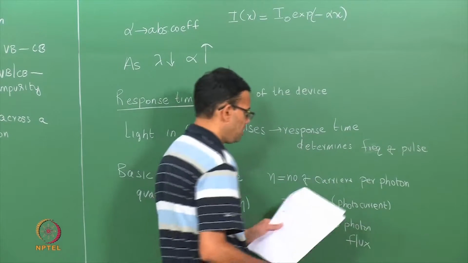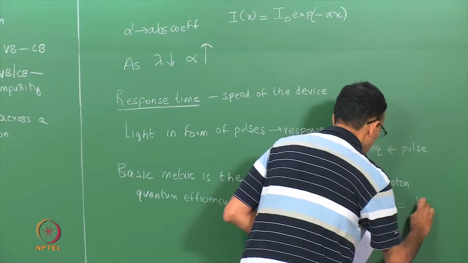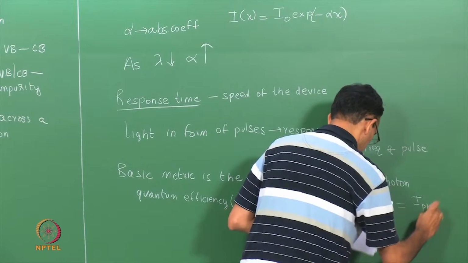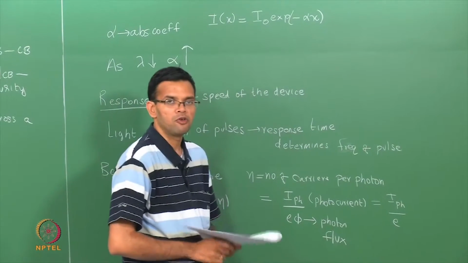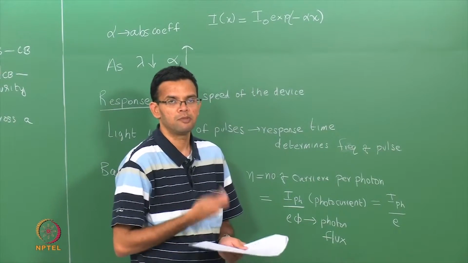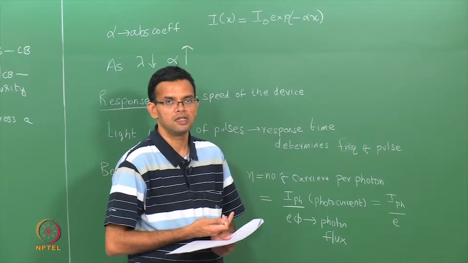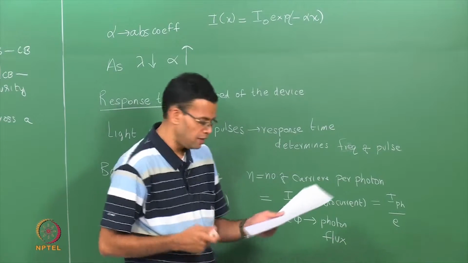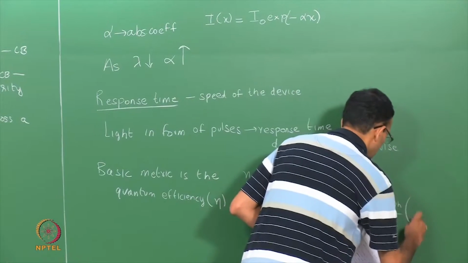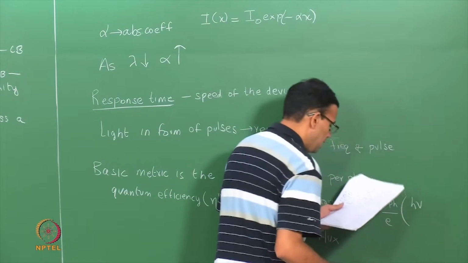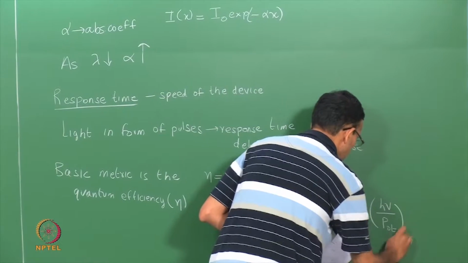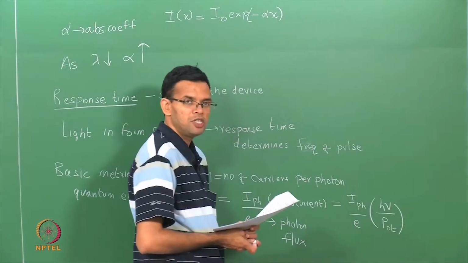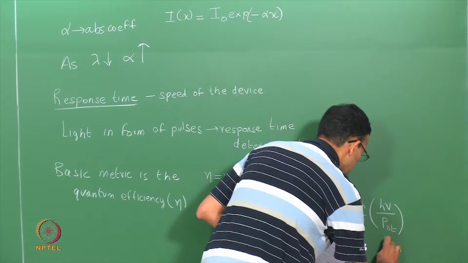Another way of writing this is that it is IPH over e, and the flux of the photons depends upon the power of the incident radiation and the energy. So, h nu is the energy of the radiation and P opt is the optical power.